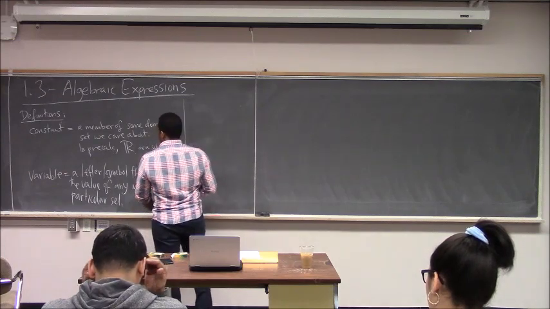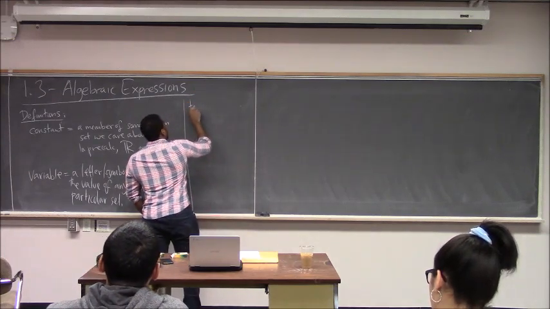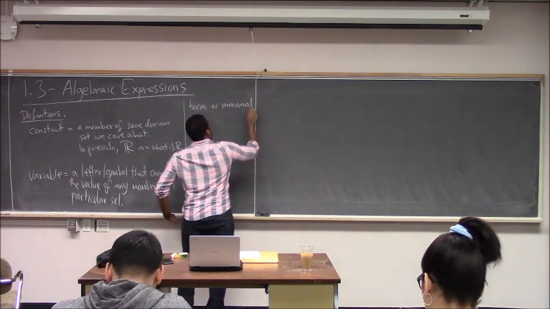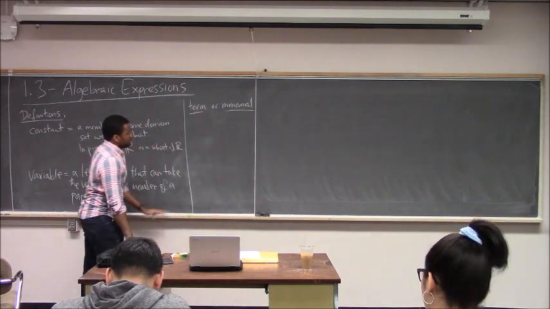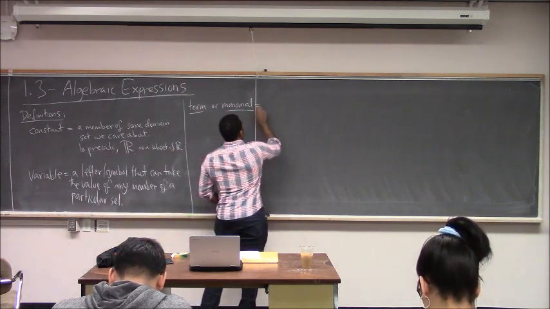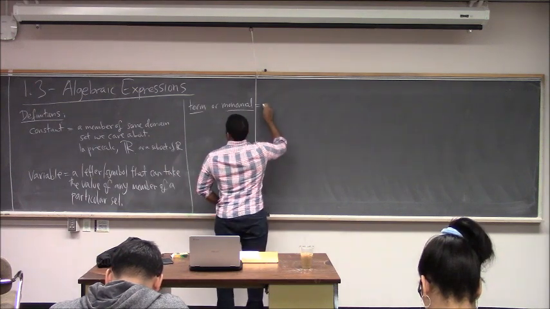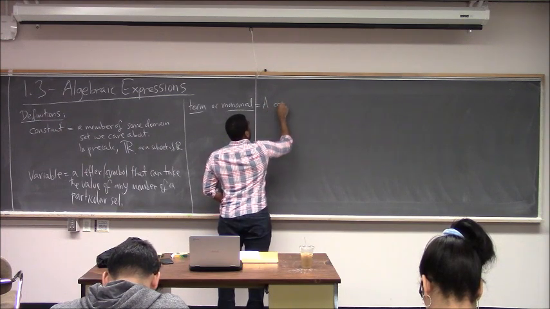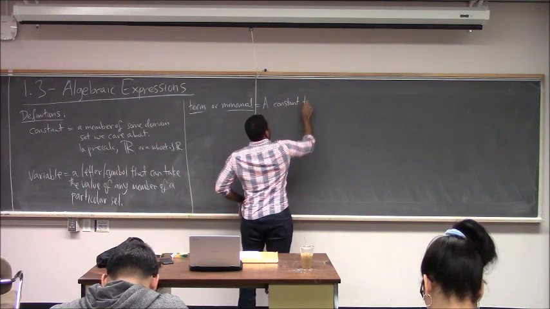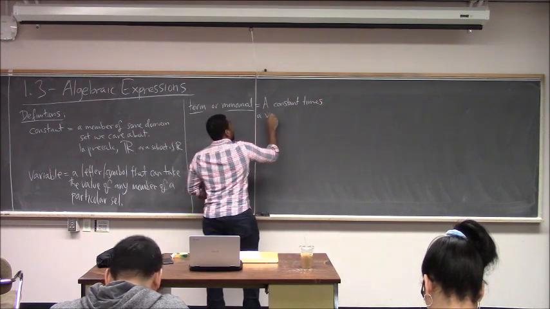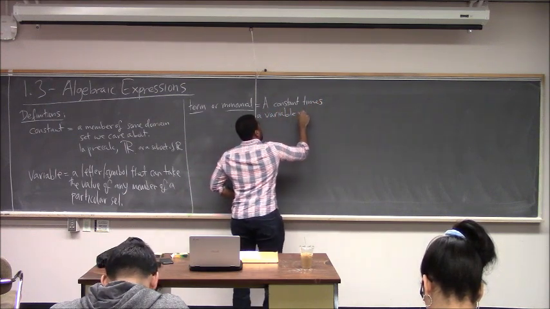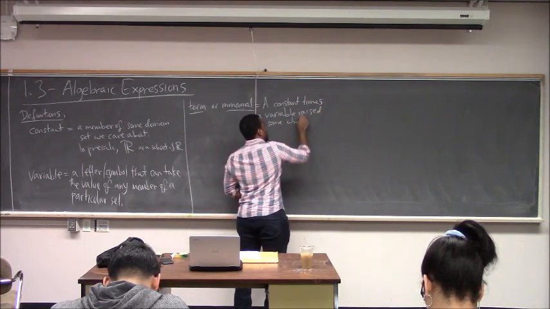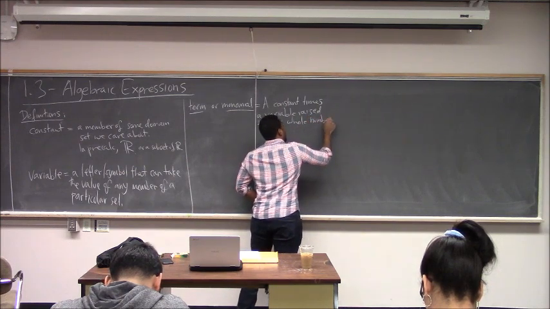We also have the following. Term or monomial. Right? So these are interchangeable words. This is a constant times a variable raised to some whole number power.